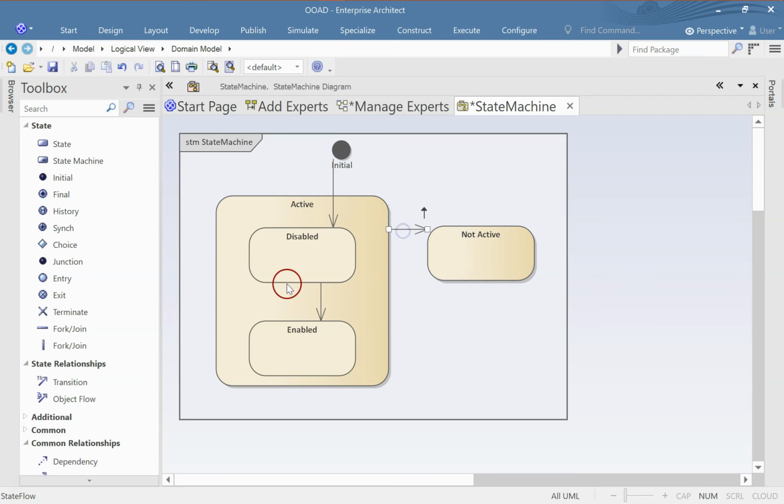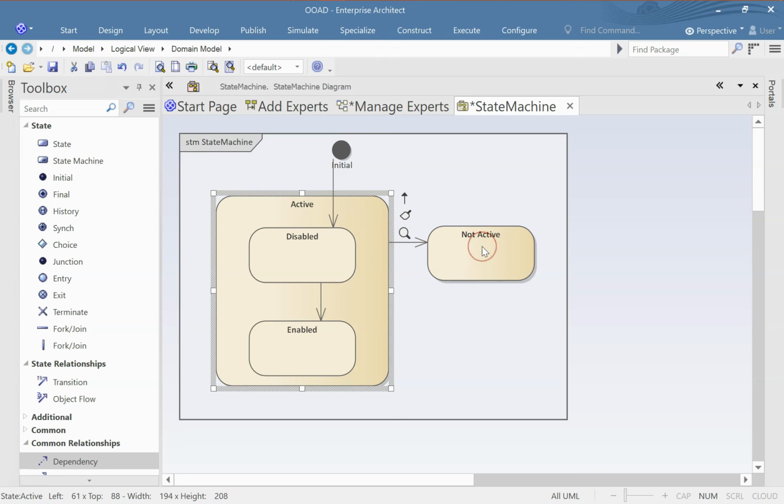So, when the substate doesn't matter for a transitioning out of a superstate, we show the transition from the superstate itself. Anything else? Can it come back from not active? Now, because whether a subject is dated or outdated, that would be decided by a person, right?